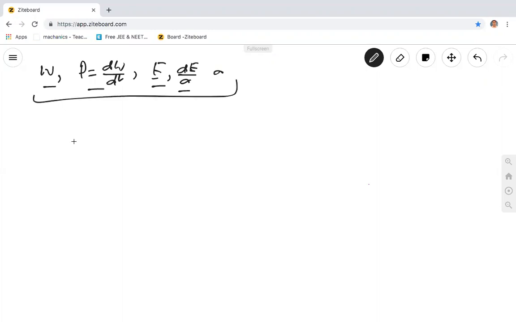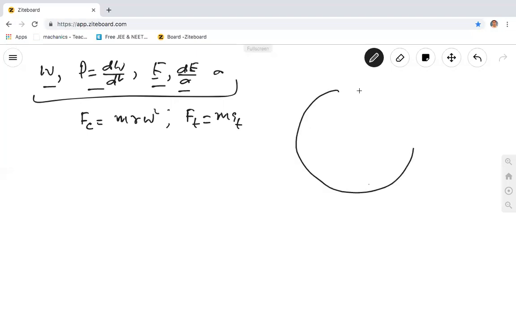Now, what about the centripetal force? That is m r omega square. What about the tangential force? That is m a_t. Now let me make some concepts clear here. When a particle moves in a circle, if I ask you what is the centripetal acceleration, the answer is, it is towards the center and its value is v square by r.